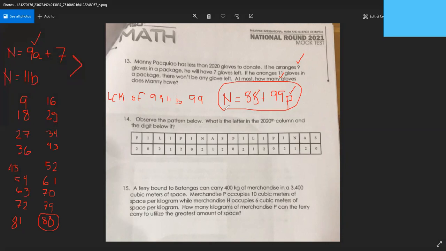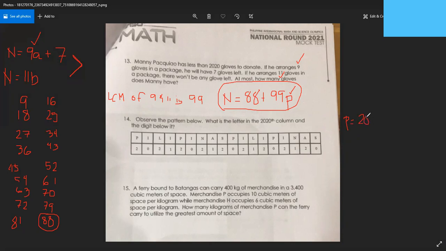You can say that P is 100. 99 times 100 is 9,900. That is too much, so we need to think, maybe P is 20. Let's try. If P is 20, that is 1980, 99 times 20. I just simply assume that P is 20.